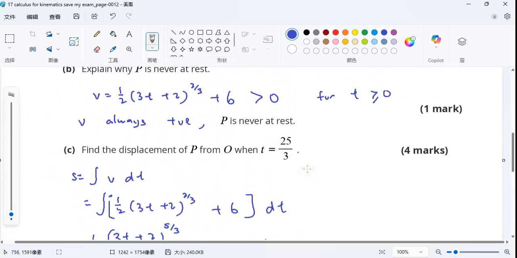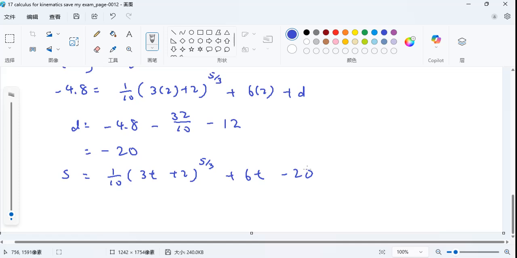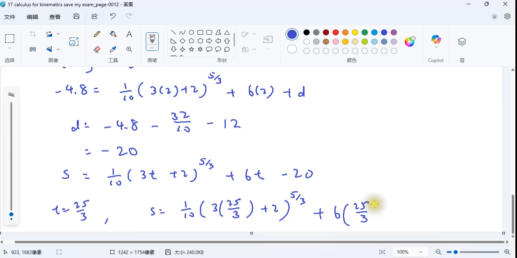So when t equal to 25 over 3, then S will be 1/10, 3 times 25 over 3 plus 2, 25 over 3 minus 20. So we have 50 there.